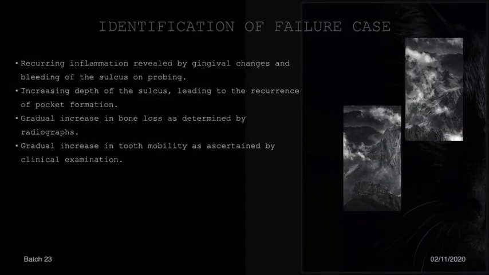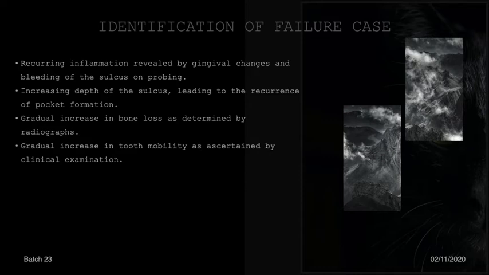So, identification of failure cases. How do we identify failure cases? Basically it is disease recurrence. When there is a recurrence of inflammation, which is identified by gingival changes and bleeding of the sulcus during probing, or an increase in probing pocket depth leading to recurrence of pockets, or gradual increase in bone loss despite your treatment, or gradual increase in tooth mobility ascertained in clinical examination in spite of your treatment, then something is wrong with your treatment.